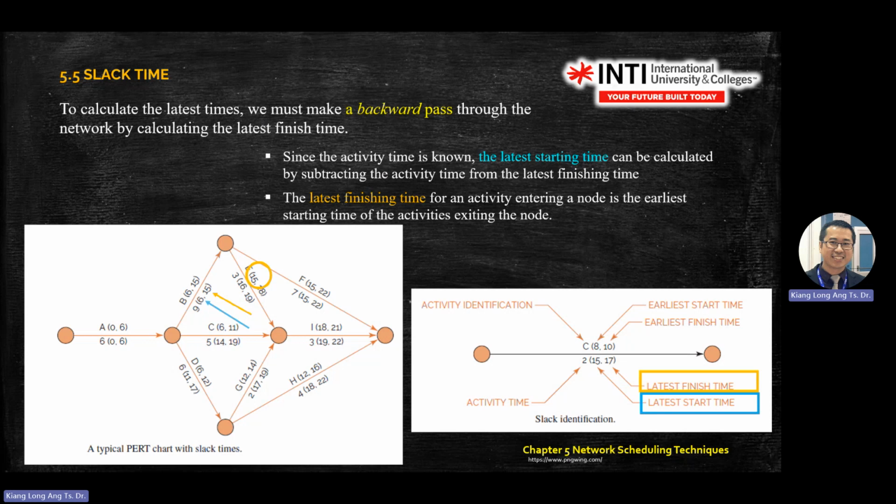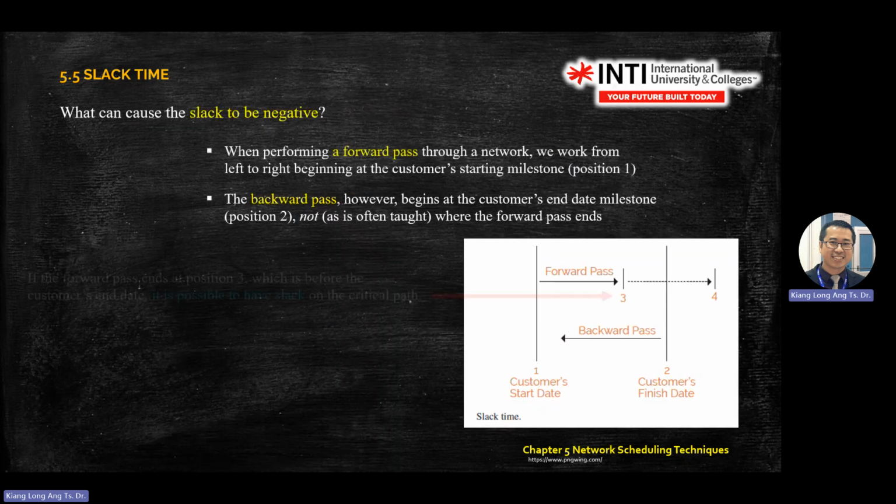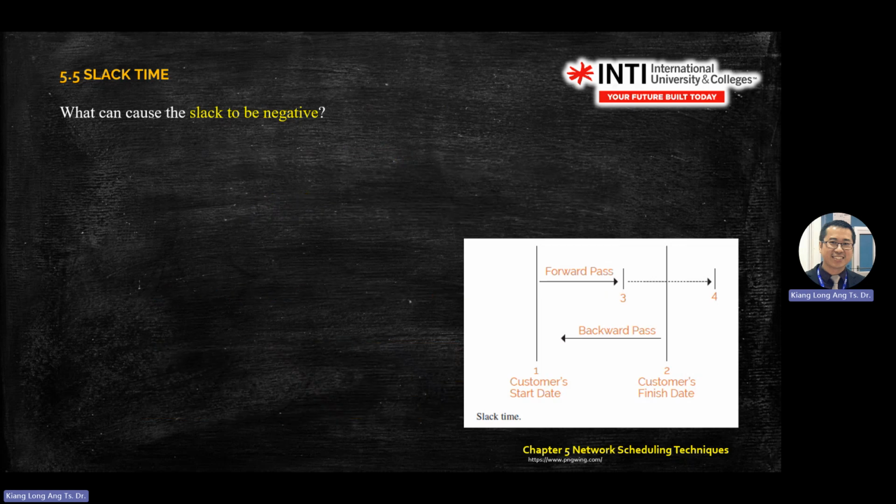If the question asks you to write your answer in ES, EF, LS, LF, the question will give you direction. It will give you a sample of the drawing, so you need to follow it. Don't use this one. This is just to show you that there's another presentation. Okay, backward pass, forward pass, you already know.